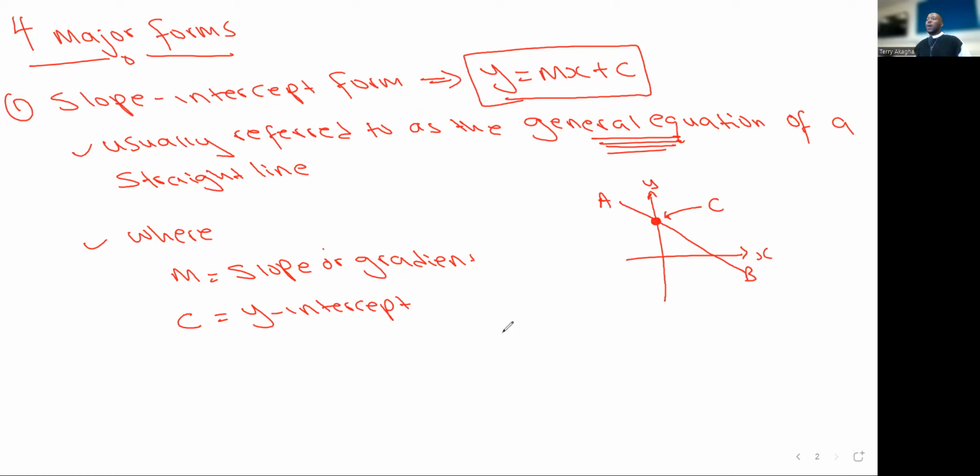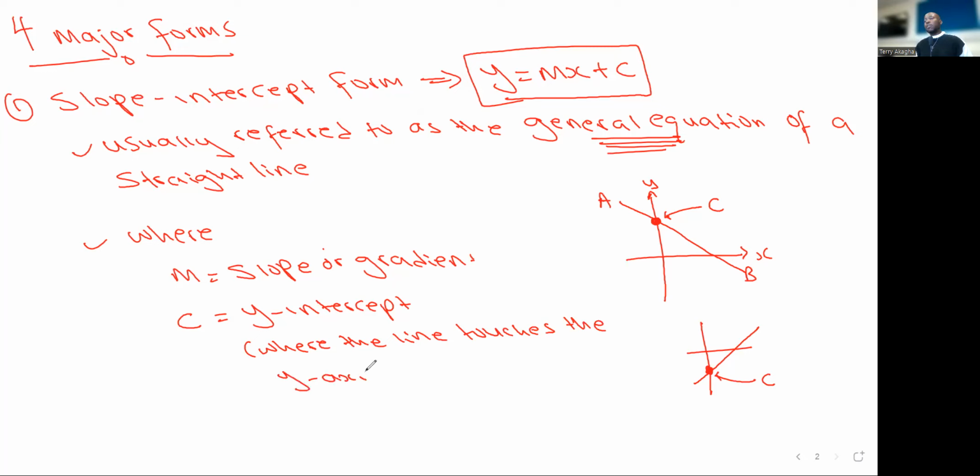Are you seeing it? So this is a y-intercept. If, for instance, you have a negative slope, you could see this here is also the y-intercept. So basically, the y-intercept is where the line touches the y-axis.